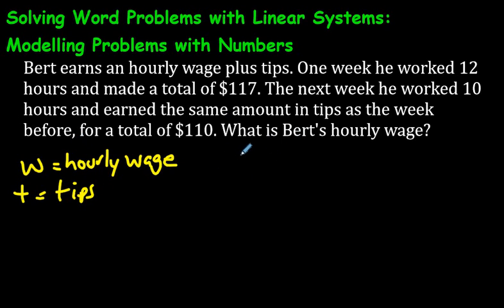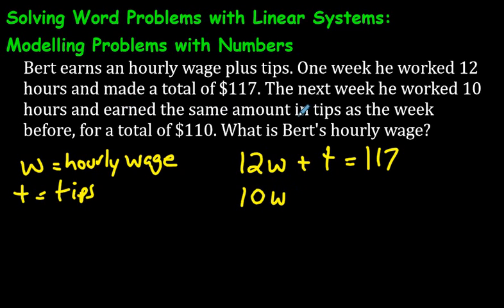So one week he worked 12 hours. So he had 12 hours of his hourly wage, so 12 times W, which is the hourly wage, plus tips. Unfortunately, we don't know how many tips, and that's $117. Now, the next sentence. The next week he worked 10 hours, so 10 times the hourly wage.